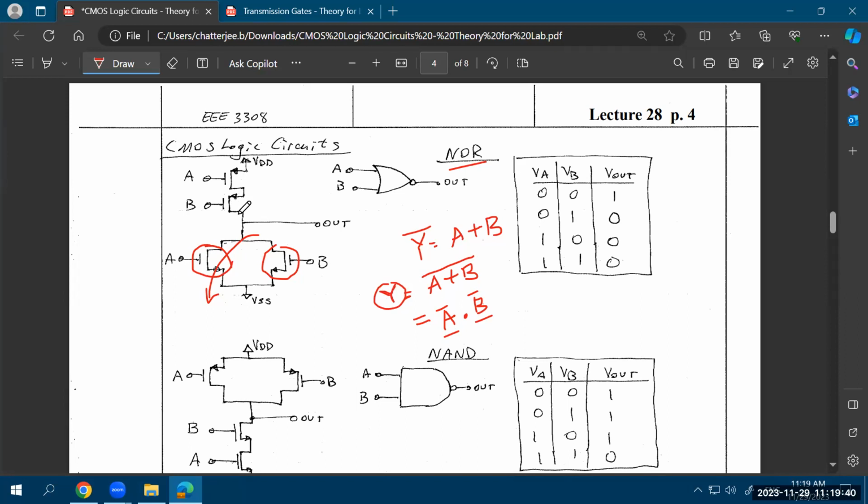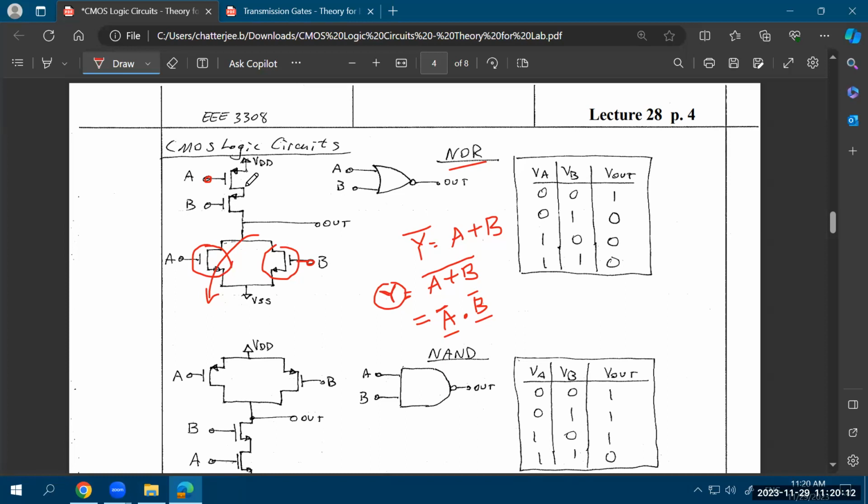So you are putting 2 of these components in series, but of course, because this is PMOS, if you put A in the gate of it, you are actually looking at VSG and not VGS, and that's why that bar comes into play. So you do not need to put a bar at the input. If you're connecting A for the NMOS logic, you'll connect the same A for the PMOS logic as well. If you're connecting B over here, you'll connect the same B for the PMOS logic as well.